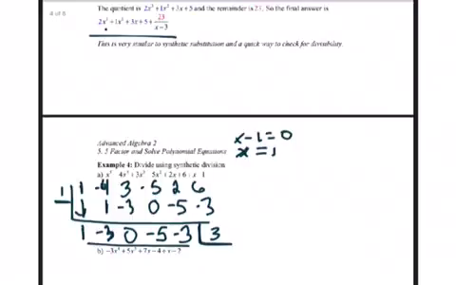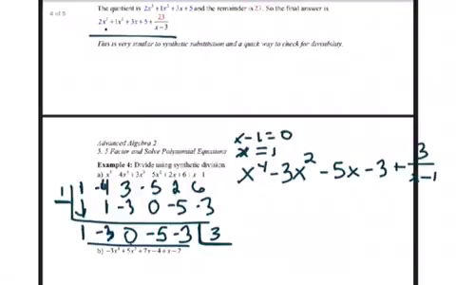These end up being my coefficients of my new polynomial. Since I had an x to the 5th, I now have x to the 4th. So I have 1x to the 4th minus 3x cubed. I have a 0x squared, so you can put in the plus 0x squared or leave it out, minus 5x minus 3 plus 3 over what I divided by, and that's x minus 1.